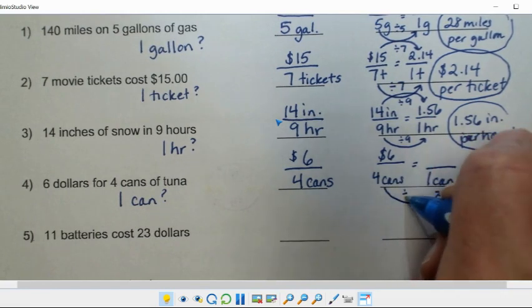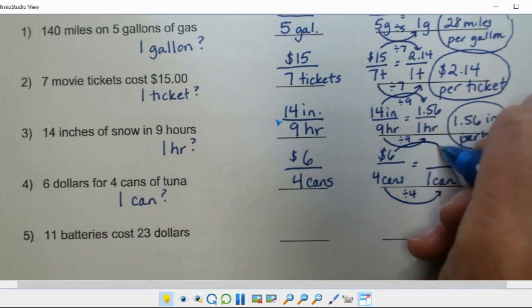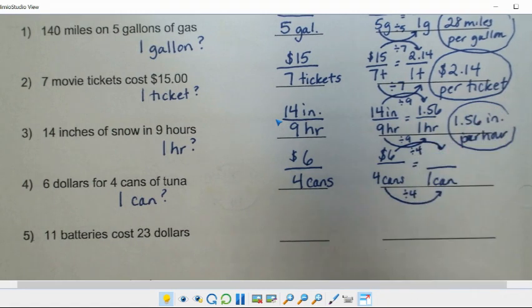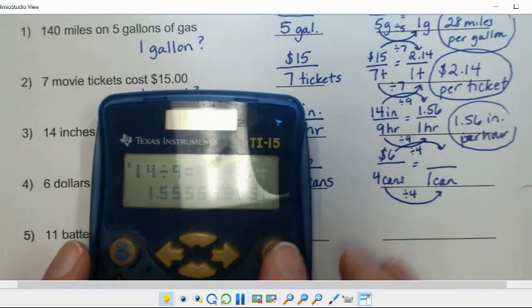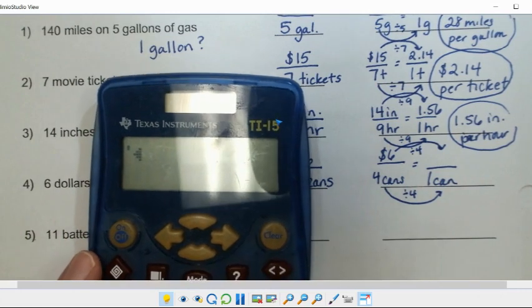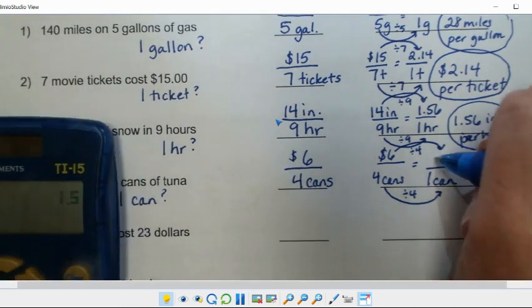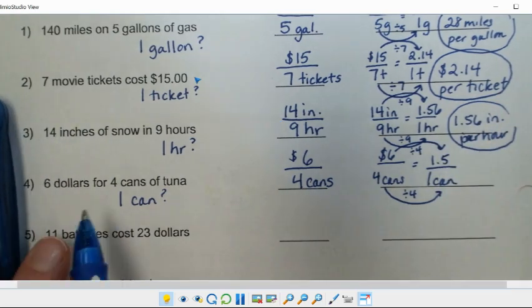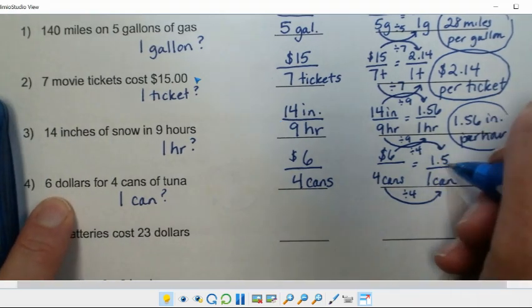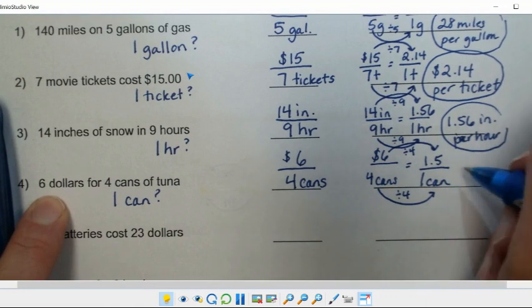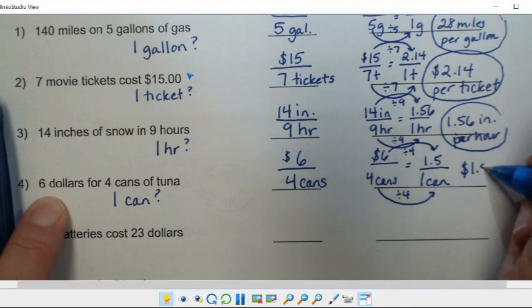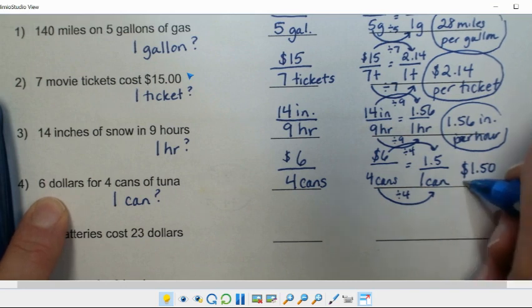So again, I'm dividing by 4. Same thing here, dividing by 4. And I get 1.5. Now we know since my unit here should be dollars, I can't just leave it as 1.5. That's not how we use money. So I would change this to $1.50 per can.